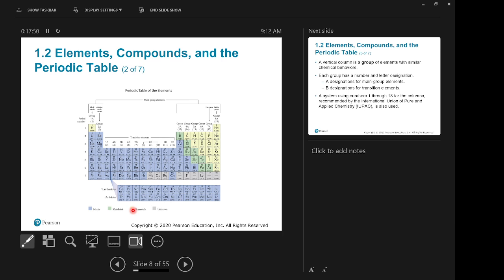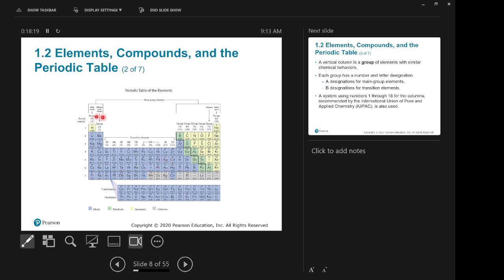So it has one of the elements in this row, and then it inserts between the two and lengthens out. Can everybody kind of mentally see that? Now, it does not work well if I put it on this proportion of slide, but if you go online, you can see the extended periodic table. It is something you might want to check out. It makes a little more sense when you see it like that.